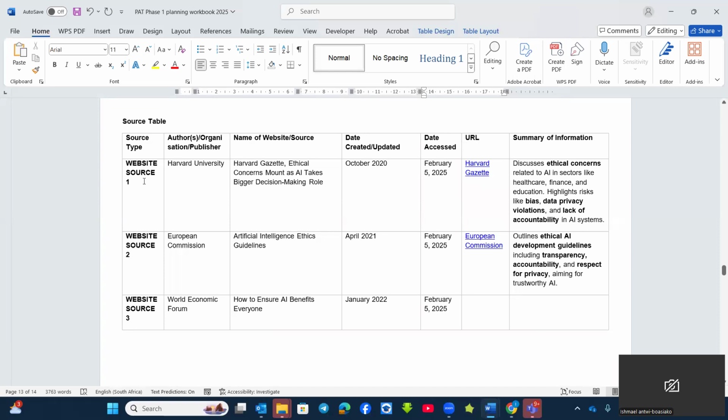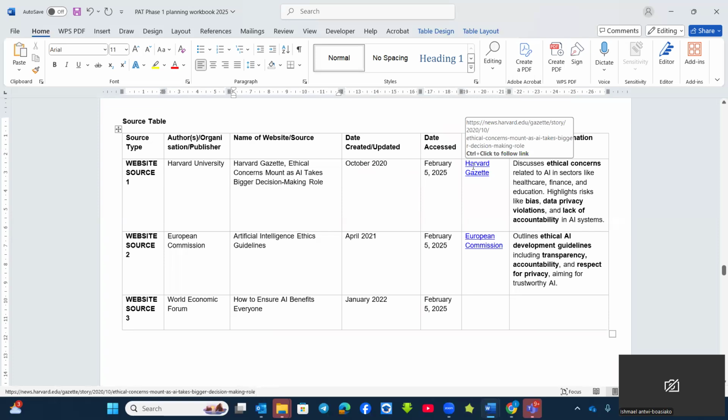So here the source one, let's say Harvard University. Then this is the name of the website, October 2020, date accessed, it was 5th of February 2025. URL, you can copy the URL here, or because if you want the table to be smaller, you can choose hyperlink.